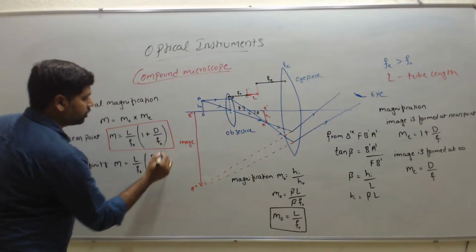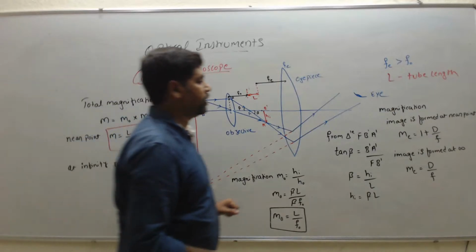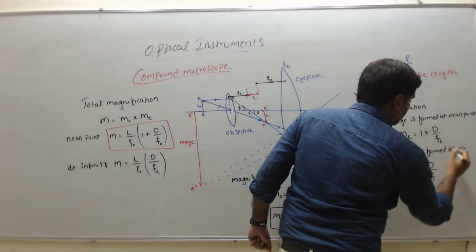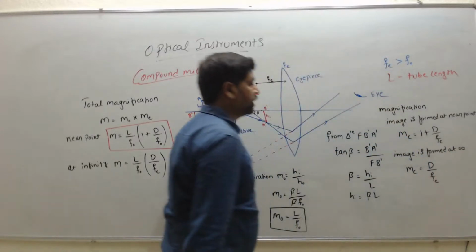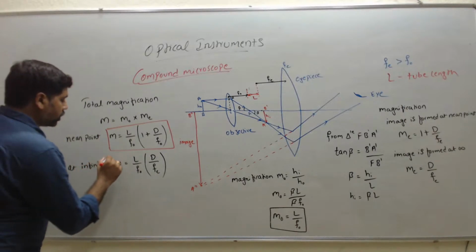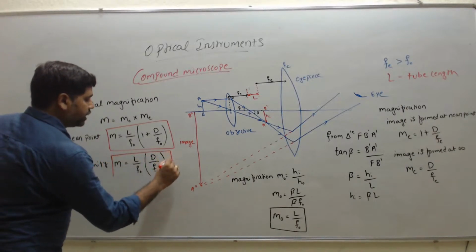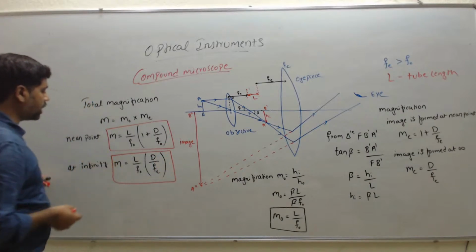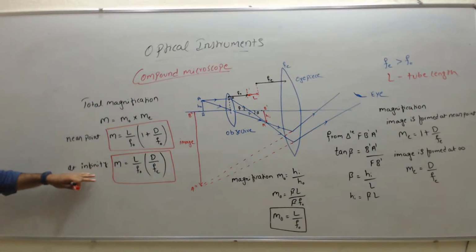Here it is FO and here it is FE, the focal length of the eyepiece. So these are the two total magnifications, in case of the image formed at near point and also the image formed at infinity.